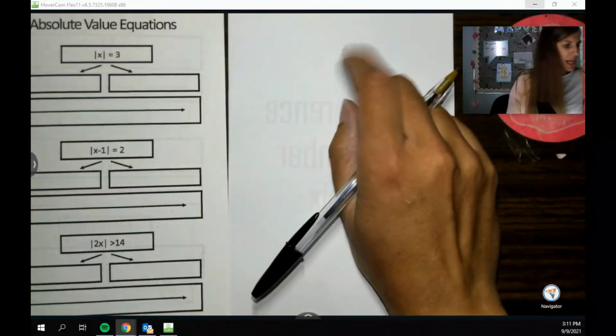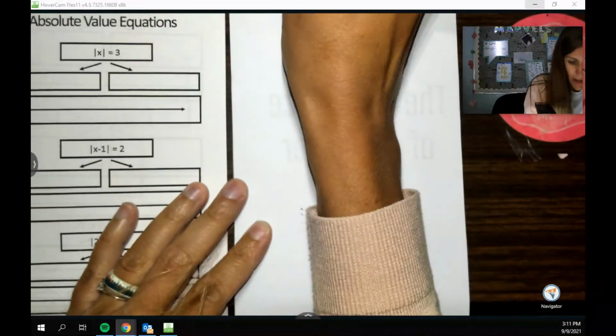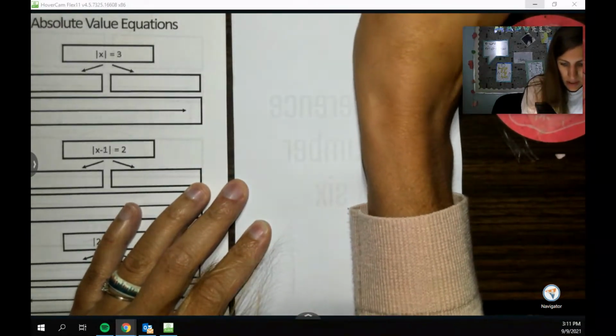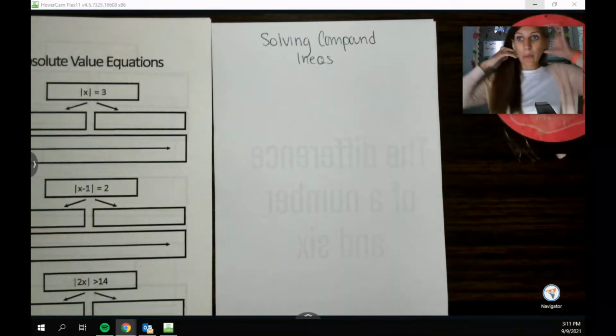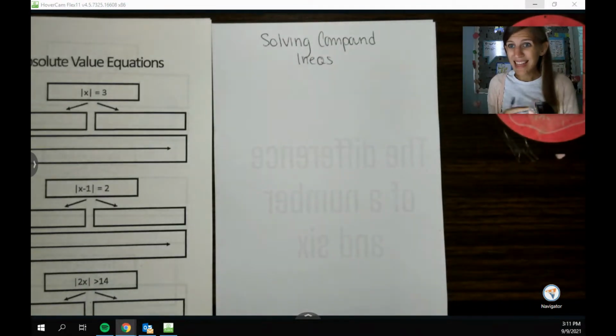Okay, so starting on 6, I first want to talk about solving compound inequalities. If we think about the word compound, even if we don't think about it in terms of math, it kind of means the same thing as it does in English.